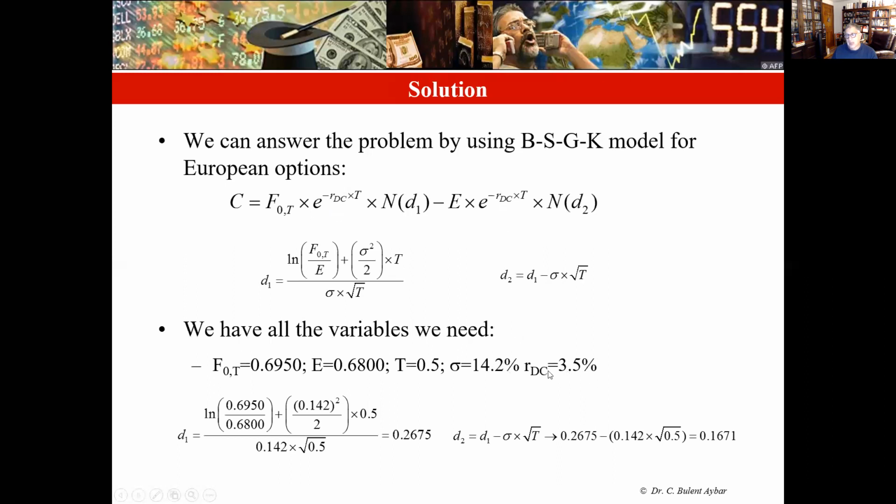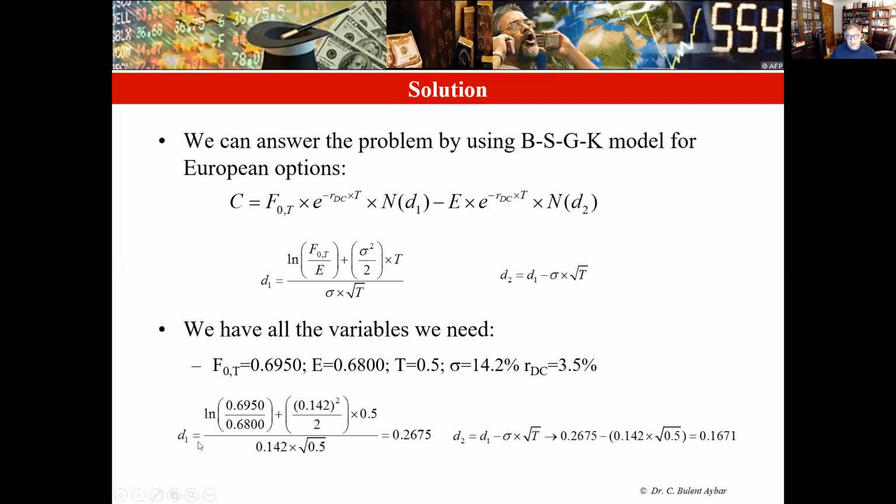For instance, domestic interest rate is 3.5% per year, but when we multiply it by half a year, it is actually a 1.75% interest rate. So it is adjusted within the model, but all the inputs are annualized terms. So is the volatility.